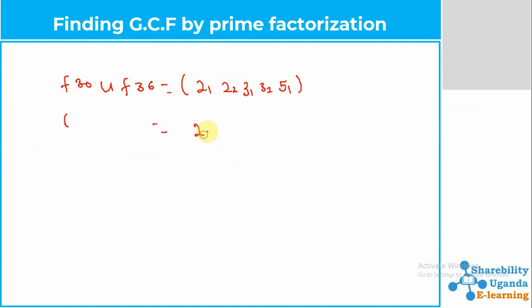This is the same as 2 times 2, times 3, times 3, times 5. Then we come up with 4 times 9 times 5.